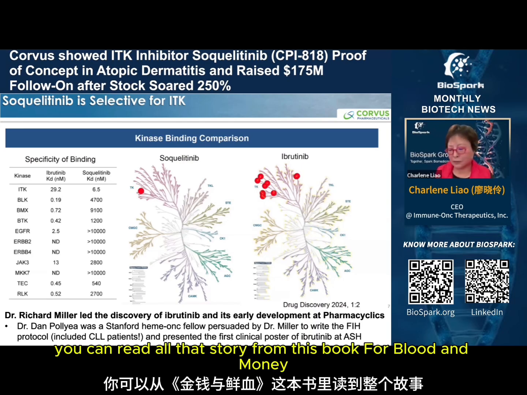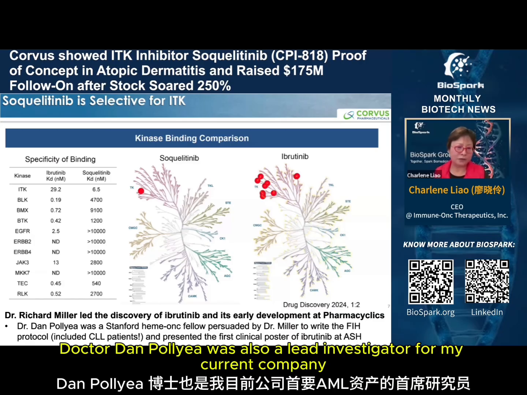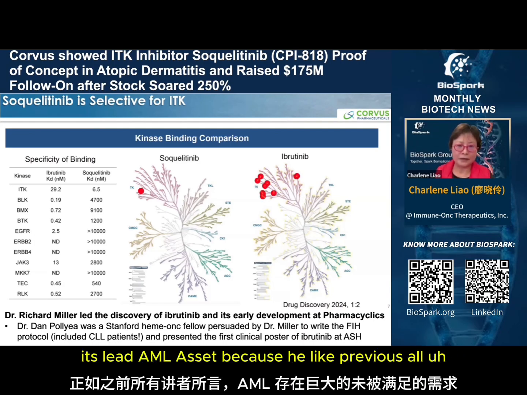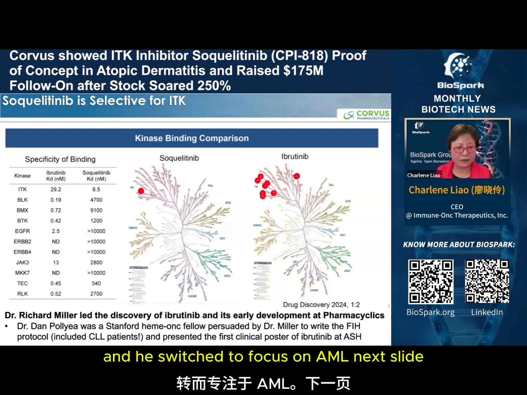You can read all that story in this book, For Blood and Money. And I'm proud to say Dr. Dan Pollyea was also a lead investigator for Immune-Onc, my current company's lead AML asset, because, like the previous presenter said, AML has such unmet needs, and he switched to focus on AML. Next slide.